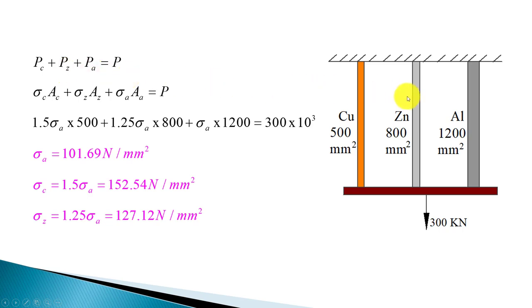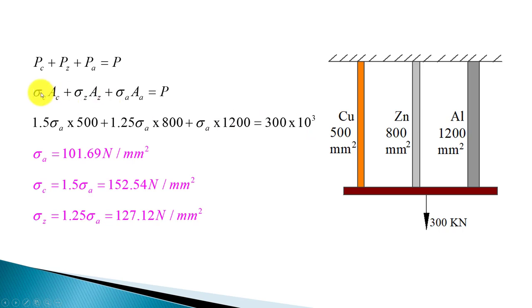The load taken by copper, zinc and aluminum, all three together, is supporting this load of 300 kilonewton. So we have this relation, and also we know PC is sigma C AC, PZ is sigma Z AZ, and PA is sigma A AA, and the sum is equal to P, which is 300 into 10 raised to 3 Newton.